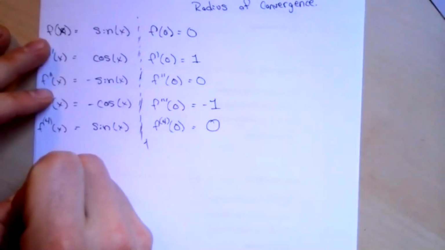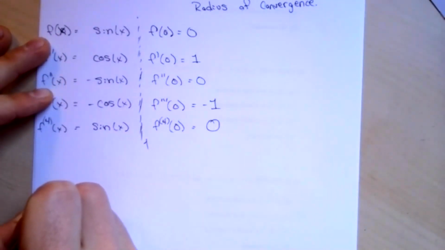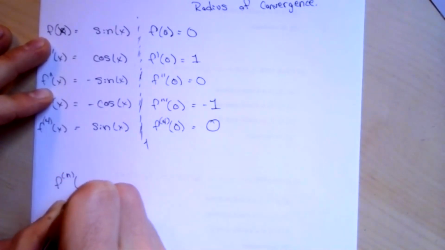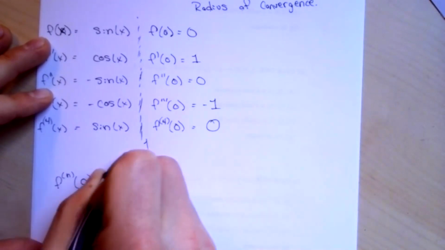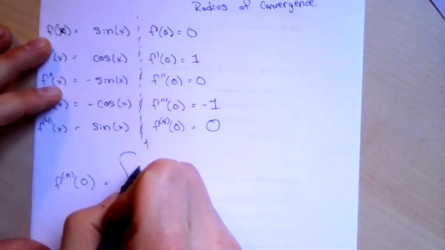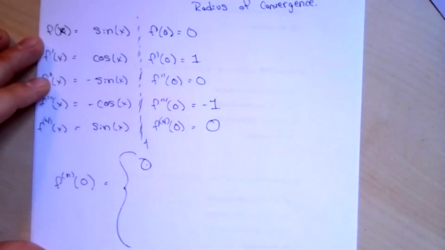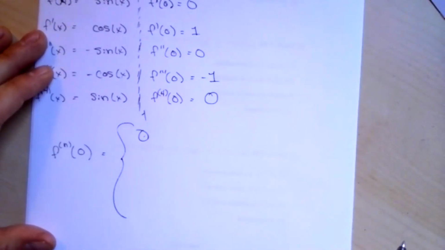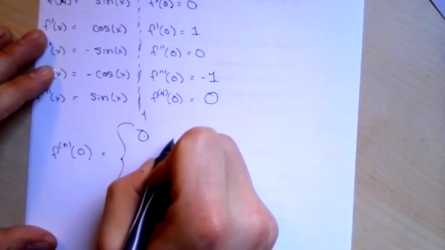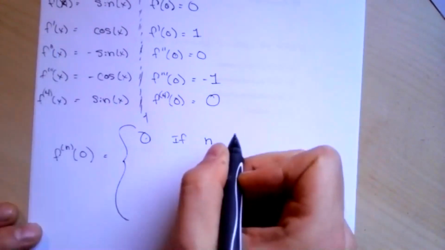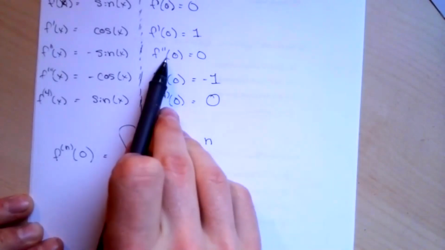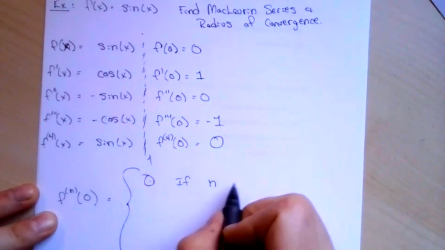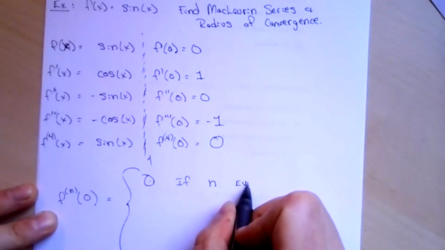So what is our sequence? We know that f^(n)(0) we can write as a piecewise sequence to try to come up with a closed form. It's going to be 0 if n is even. So our even derivatives just vanish.